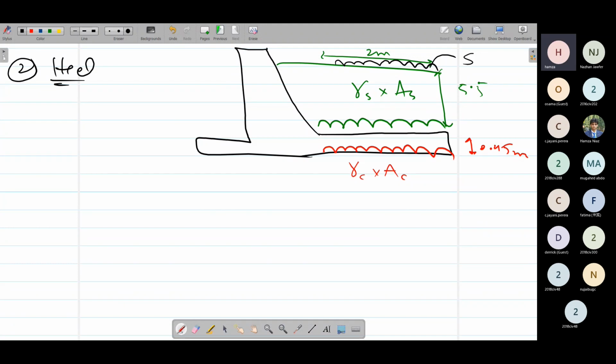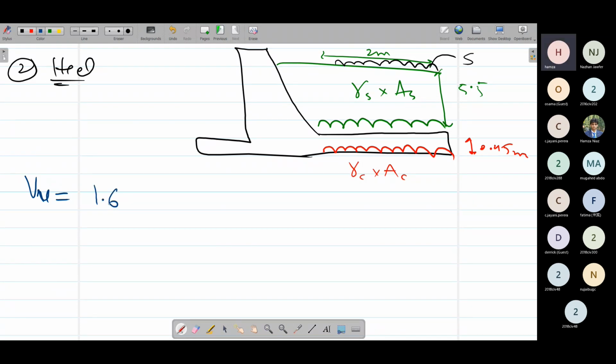For the heel, we first calculate the shear force. VU for the heel would be the factor of safety multiplied by surcharge load.